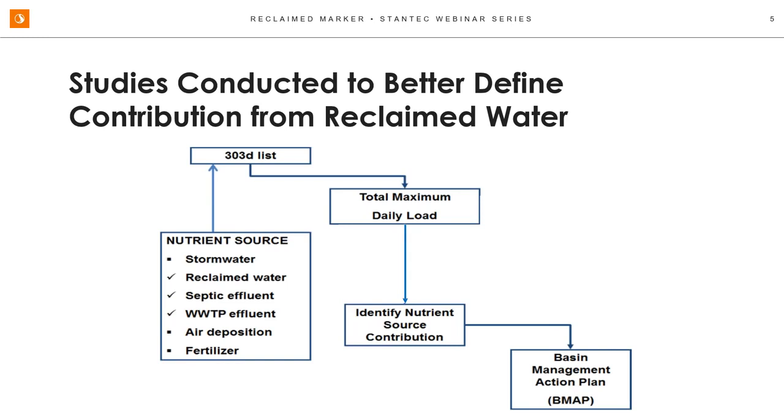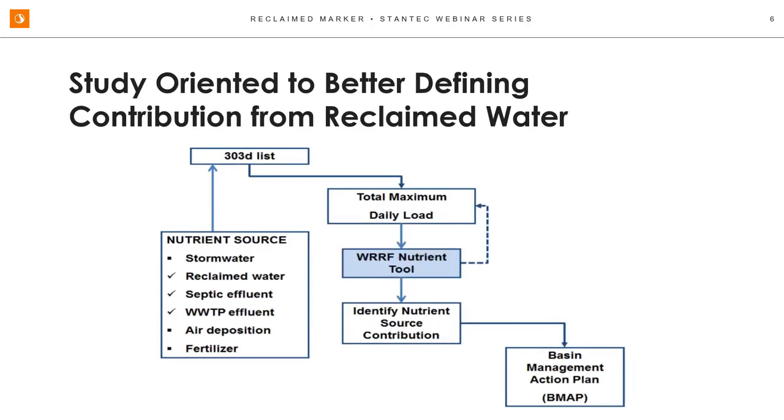Stormwater, reclaimed water use, septic effluents, wastewater treatment plant effluents, air deposition, fertilizers, etc. And so once something's on that list, a total maximum daily load is created, but then you basically need to get the identified nutrient sources collectively contributing to be below that assimilative capacity, and that plan is then laid out in your action plan. And so we were really trying to insert here and come up with some kind of a tool to help in that source contribution.